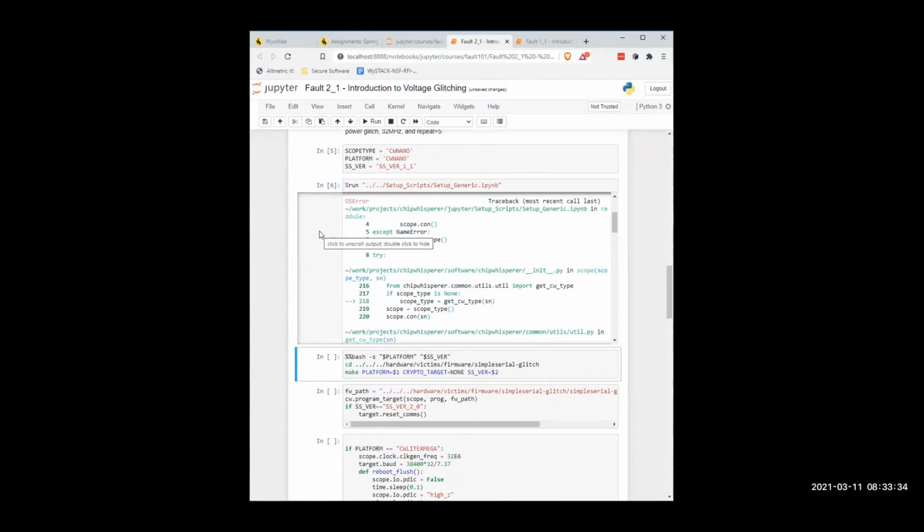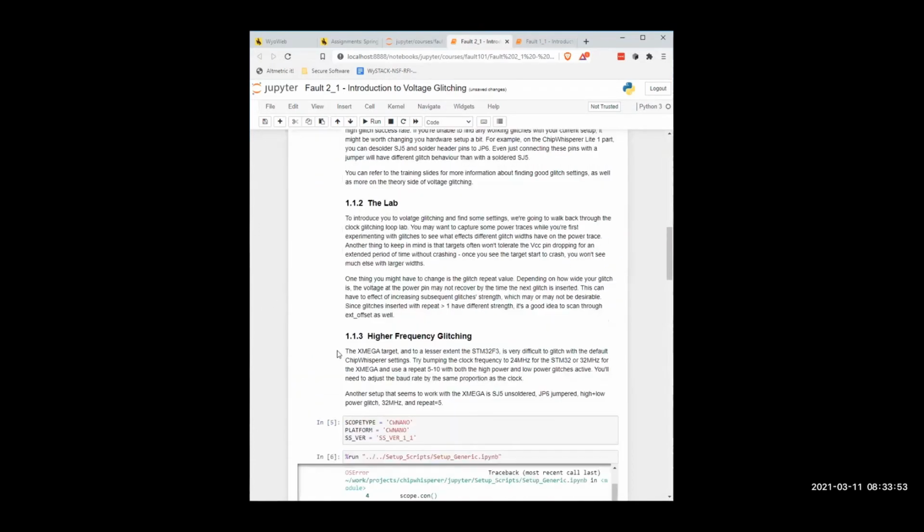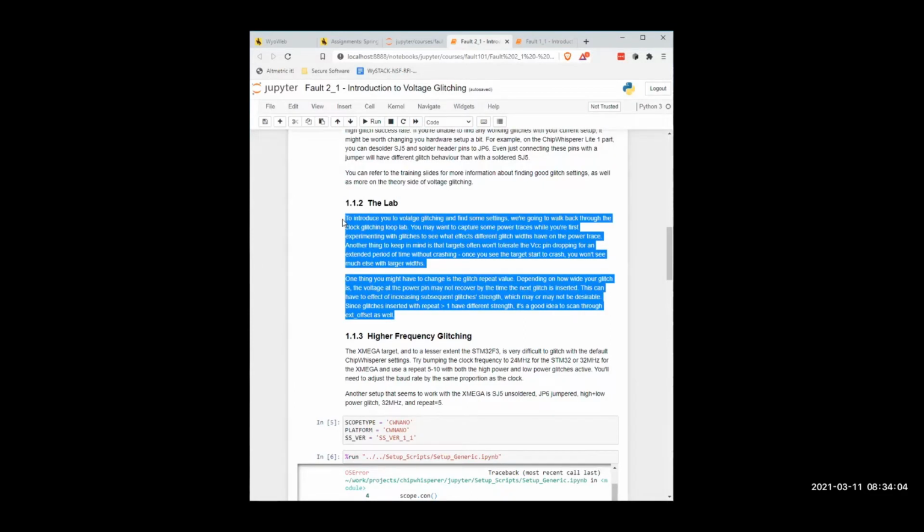I have to connect my other machine also. If you have moved on to this section, you actually read what the whole point is.